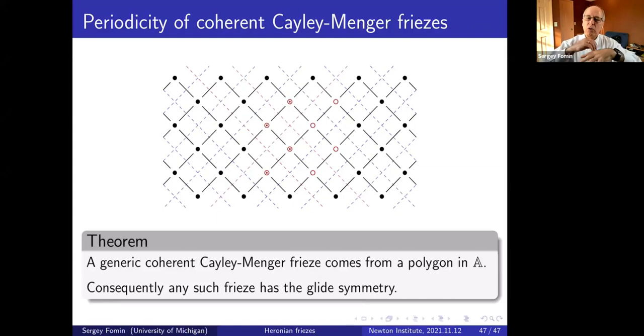So you never leave it. It's a manifestation of integrability, that you have a large number of conserved quantities, and this enables you to mutate without changing those quantities, and so you remain on that subvariety.